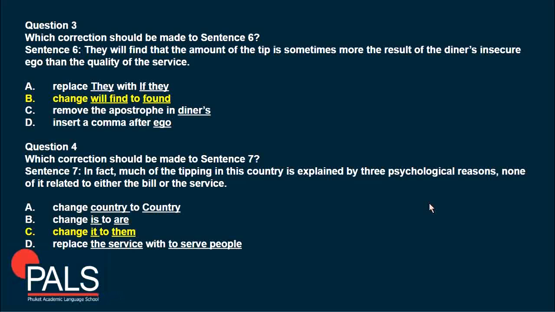Okay, the pronoun does not agree in number with its antecedent, reasons, right? So it should be changed to a plural pronoun. All right, so "it" is not applicable here. We're talking about 3 psychological reasons. All right, let's move on.